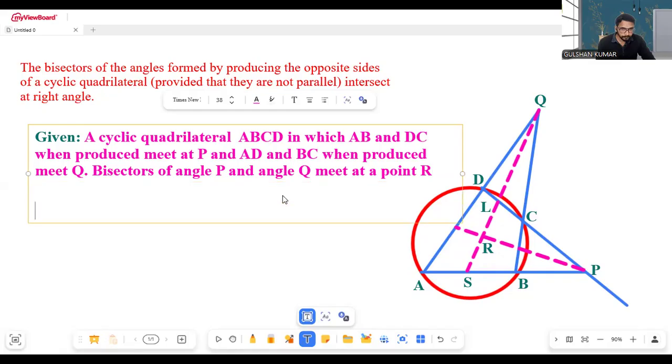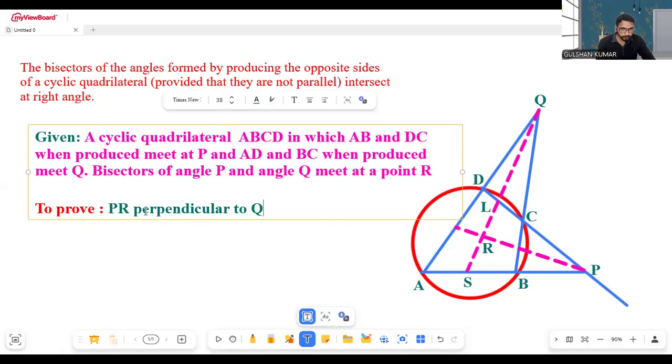Now what we have to prove here is that PR is perpendicular to QR, or QS. We can say that this is QS.